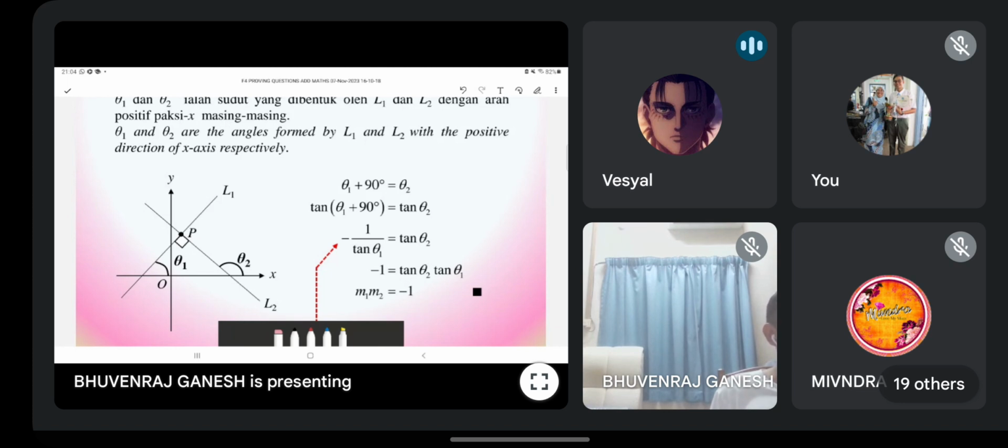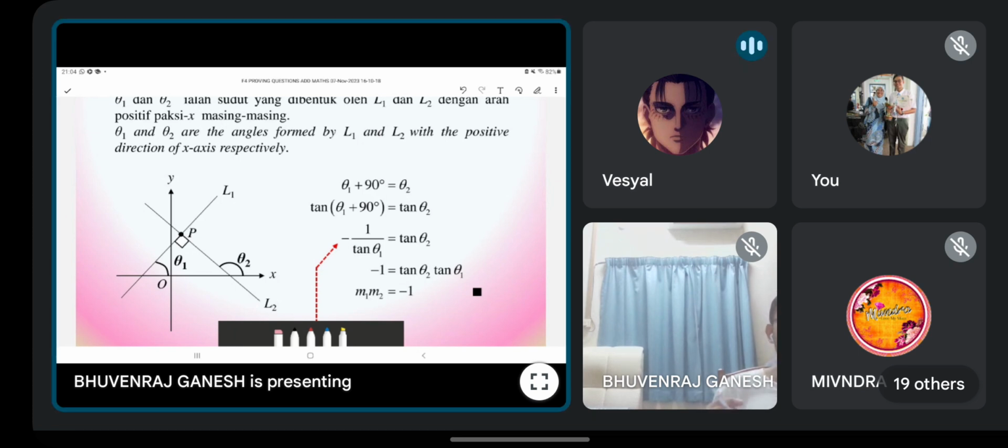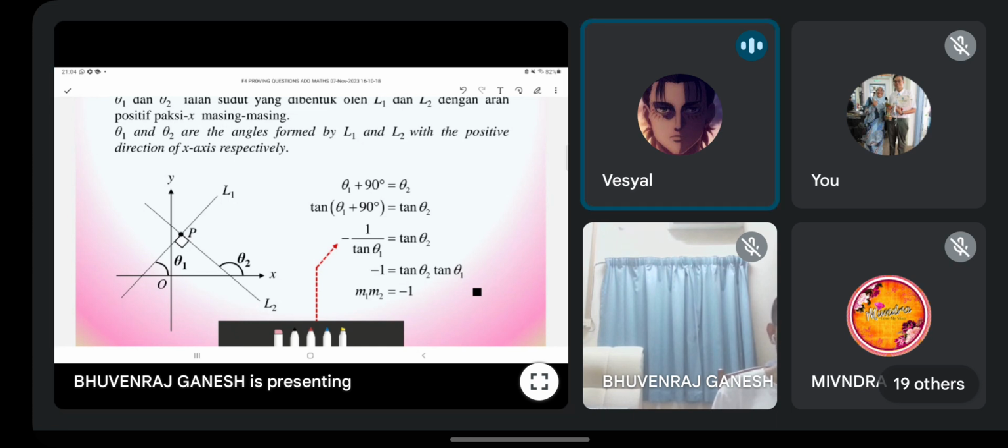So here, you can identify that theta 1 plus 90 degrees is actually theta 2. Okay, so theta 1 plus 90 is actually equal to theta 2.